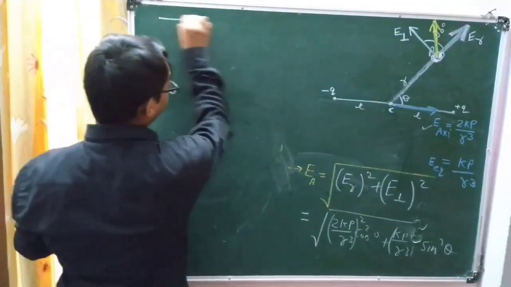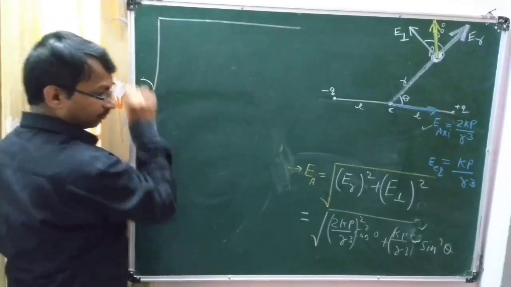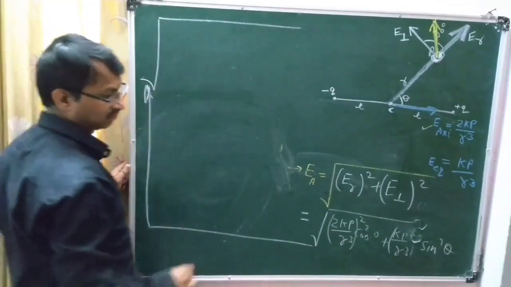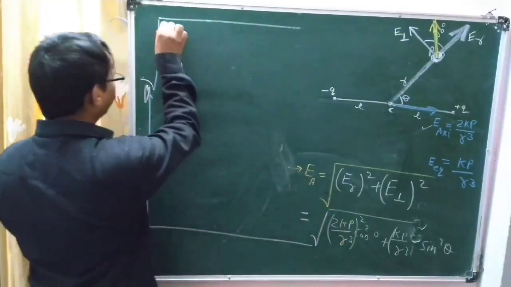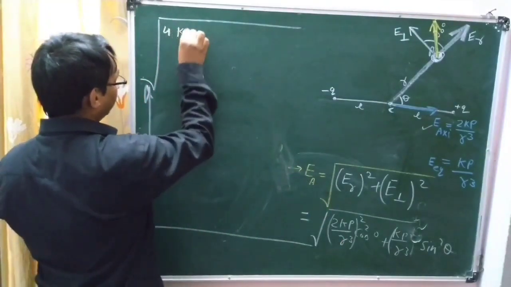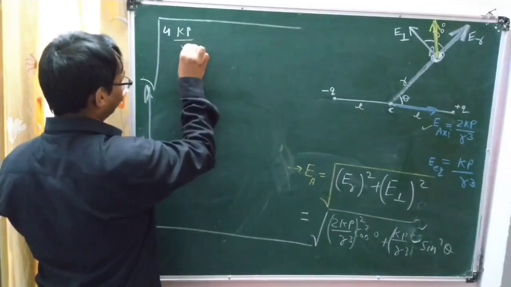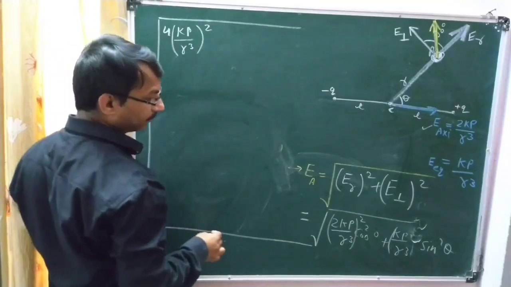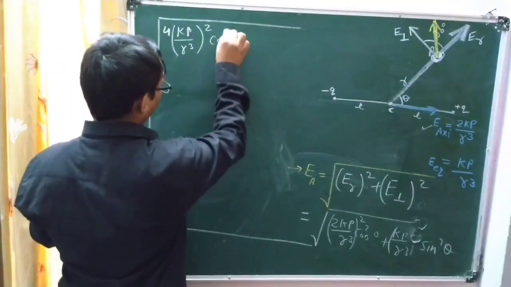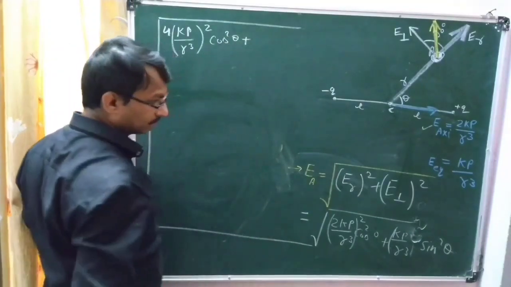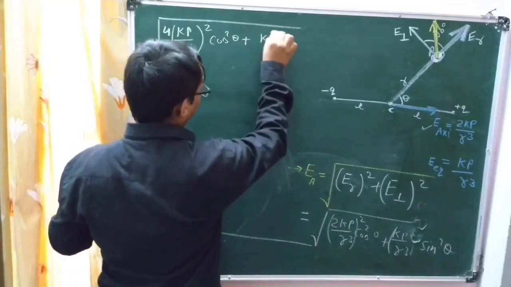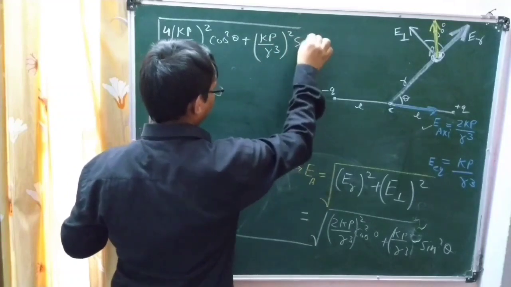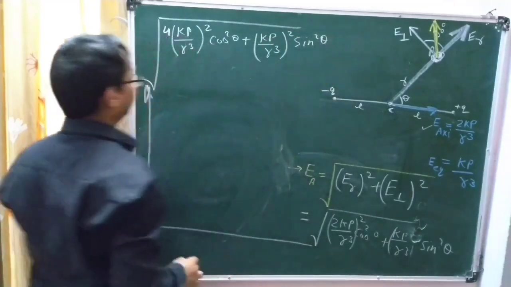Opening this bracket, 2 square is 4, so we get 4 (kp upon r cube) whole square cos square theta plus (kp upon r cube) whole square sin square theta.